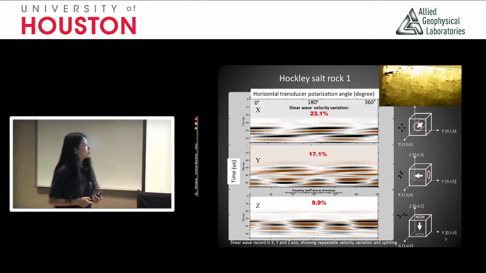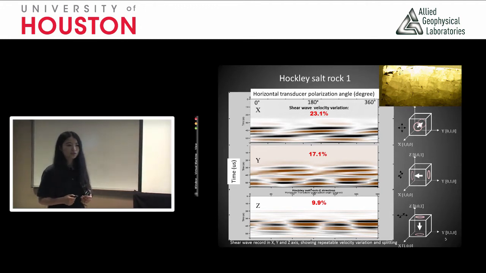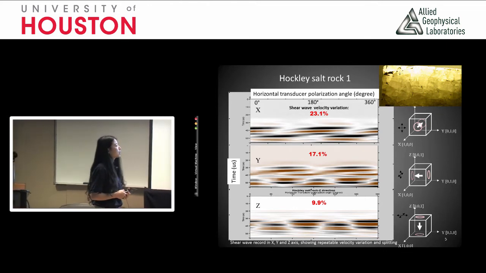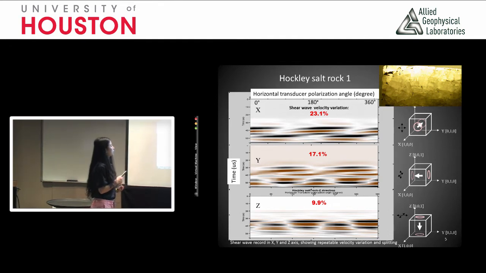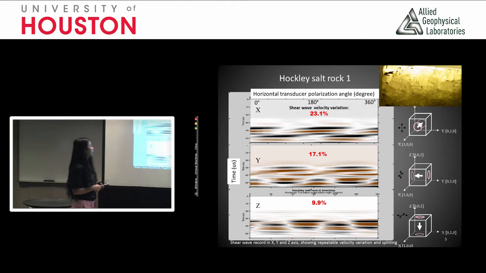But from our current measurements, we cannot conclude exactly the symmetry axis for our fractured sample. Basically, we can see from the three directions that we have the biggest variation on X and Y, which are relatively close to each other, a smaller variation in the Z direction, and also a faster velocity in the Z direction.